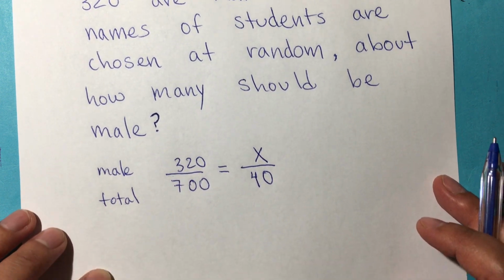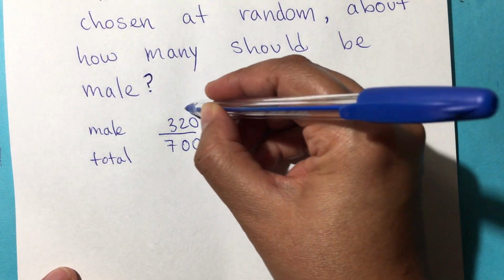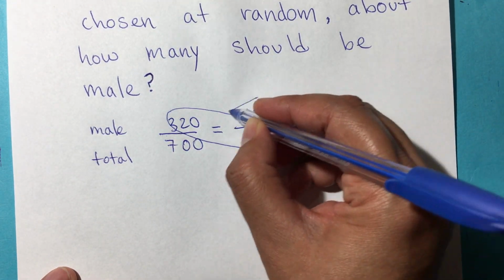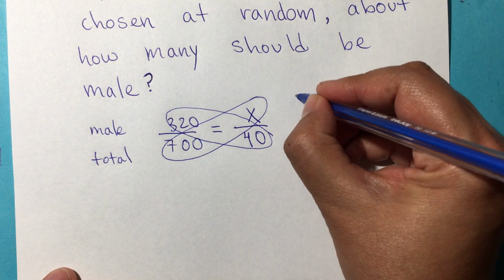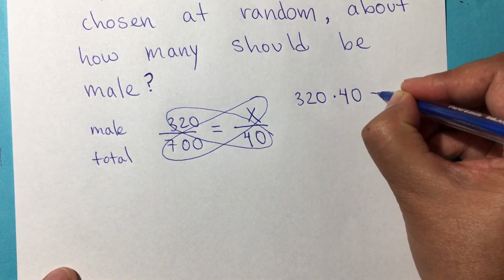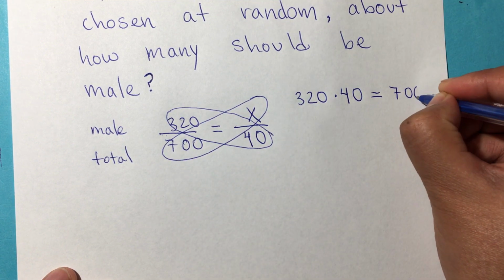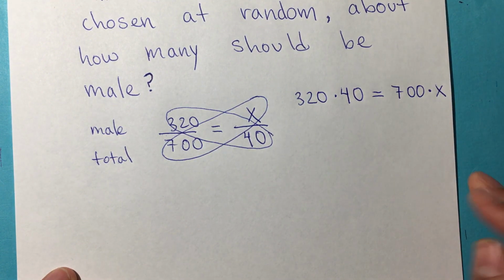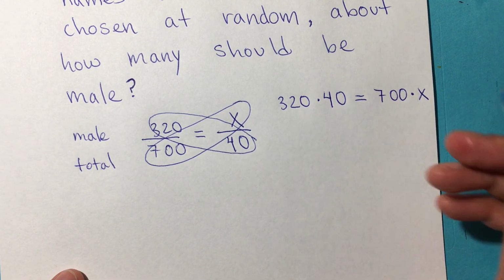Okay, so now that we have the proportion, again, we create our wings for the butterfly, and 320 times 40 equals 700 times X. And in here again, I usually do little tricks, but you don't have to.